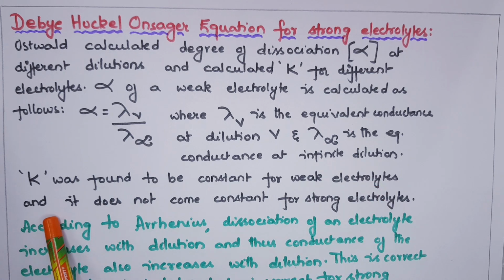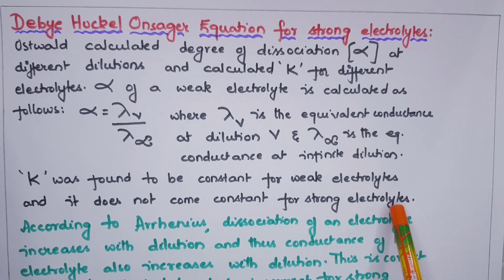Okay, and it is not the same for strong electrolytes. Okay, so when he calculated K, it was found to be constant for weak electrolytes. In the case of weak electrolytes, it remains the same, whereas for strong electrolytes, it does not remain the same. Okay students, this is what Ostwald could find from his experiment.